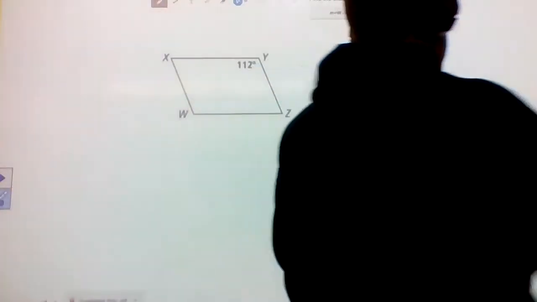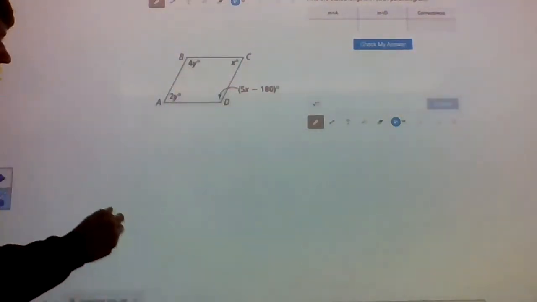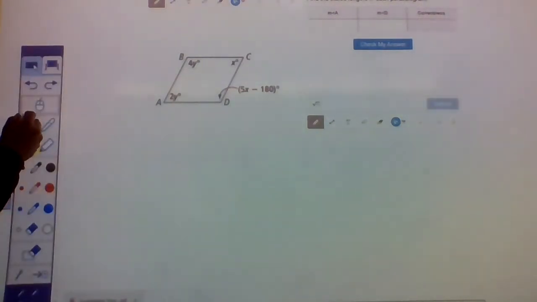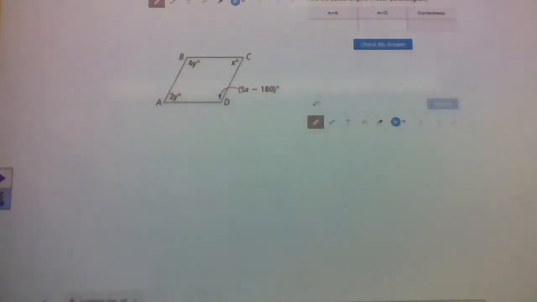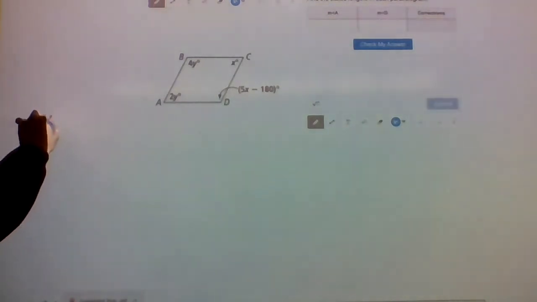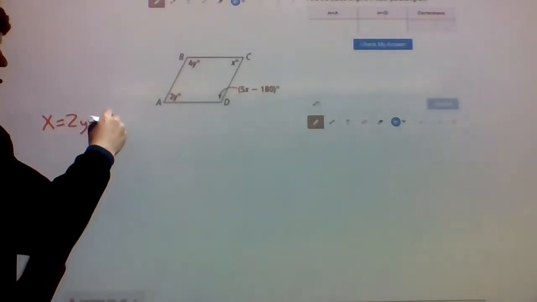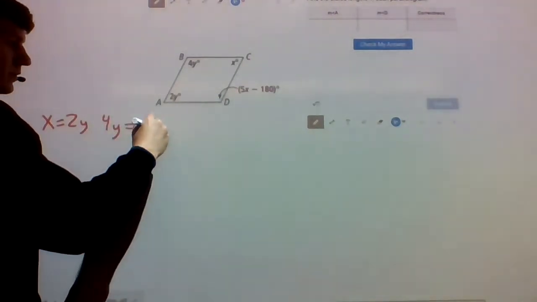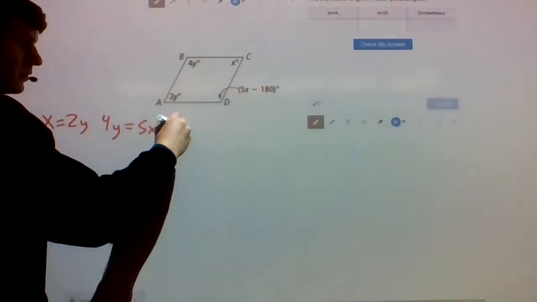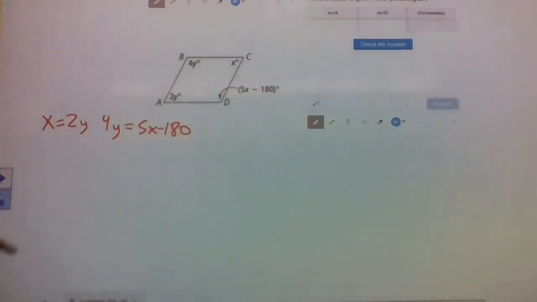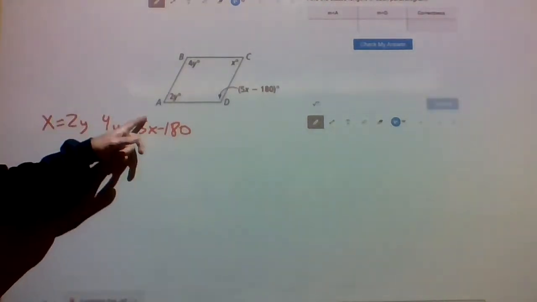All right, number 4, same thing, except we have expressions instead of numbers. You can do opposite angles if you want. x equals 2y, and then 4y equals 5x minus 180. This is a little harder though because you're going to have to do substitution or elimination.